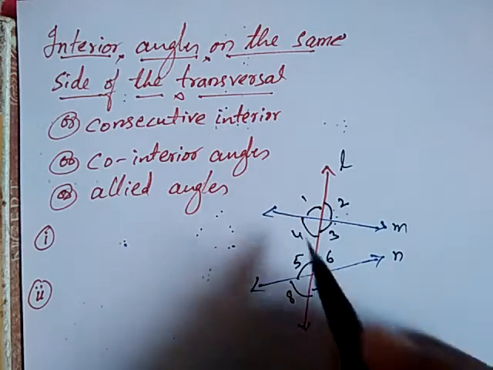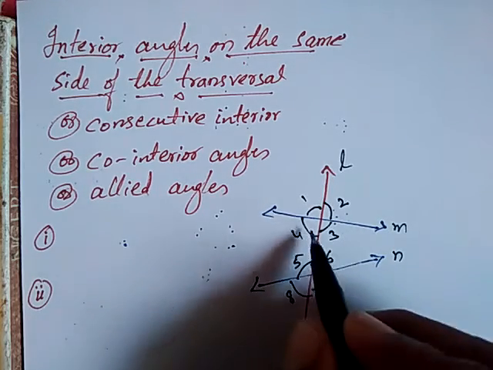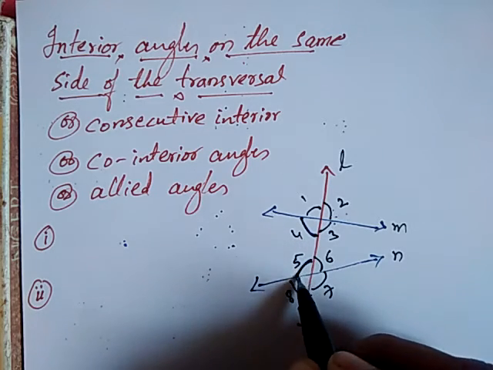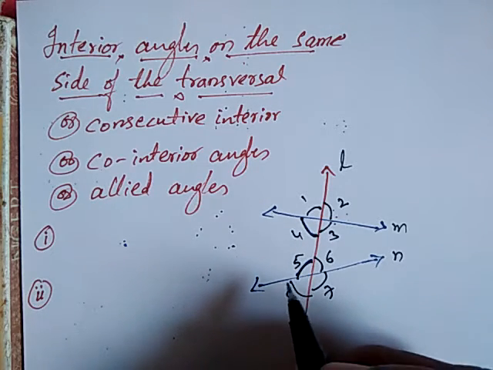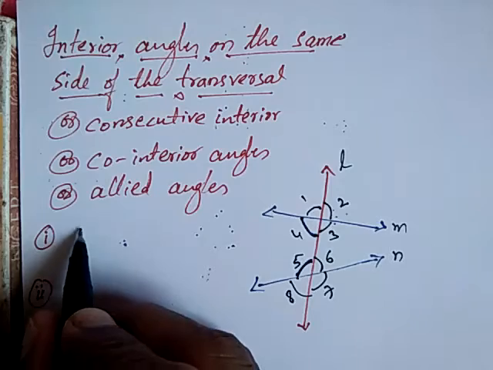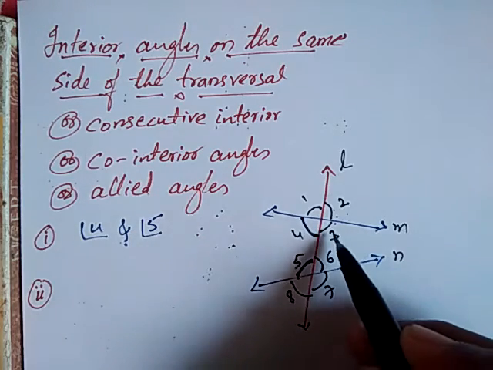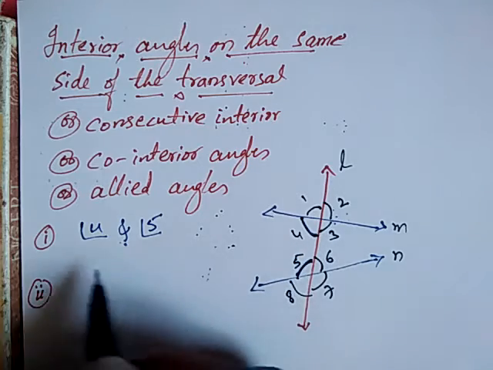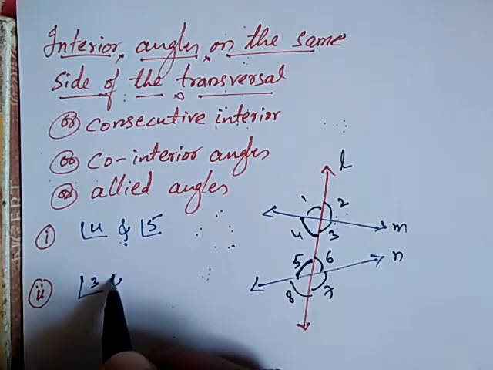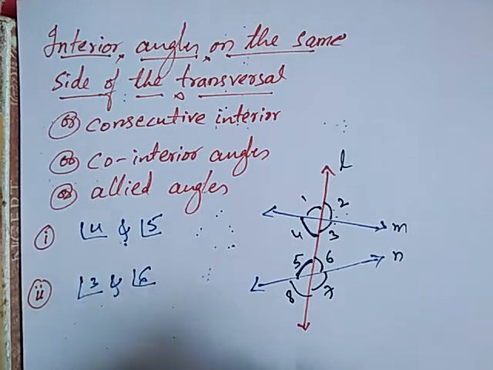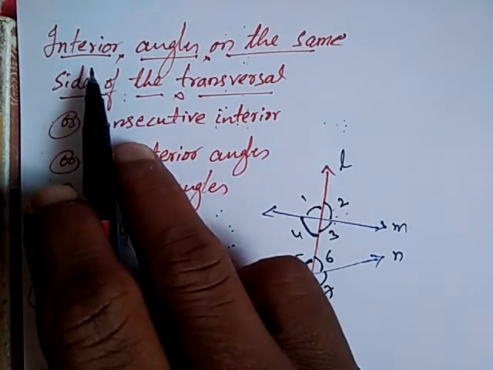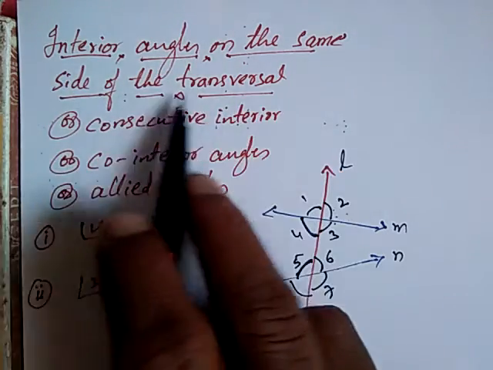This is the transversal for the given two lines M and N. So angle 4 and angle 5 are the angles on the same side of the transversal, so you can take angle 4 and angle 5 as a pair. Similarly angle 3 and angle 6. So these are the two pairs of interior angles on the same side of the transversal.